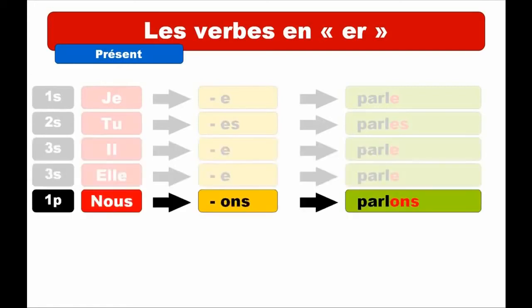So let's see now for nous. For nous, you will get the ending ons, and if you combine that with our verb, you will get nous parlons. Repeat. Nous parlons. Keep in mind that the final S is not pronounced, so it's only the sound on at the end of this verb.